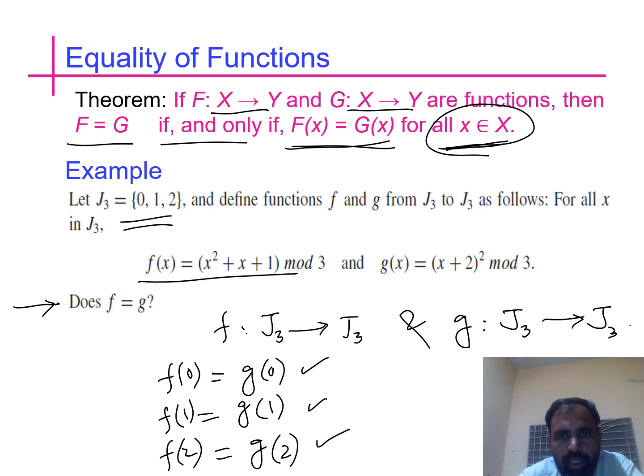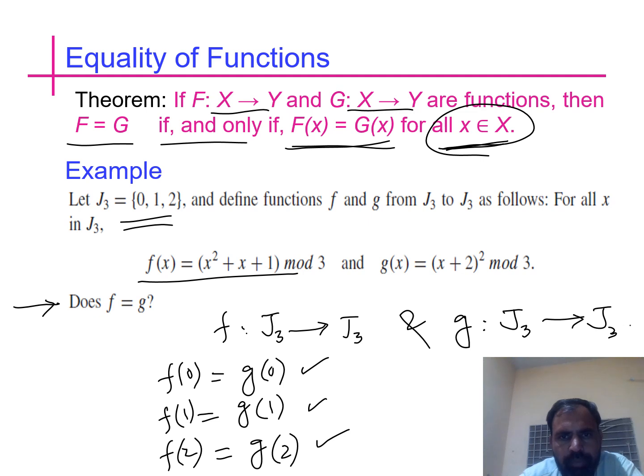So we can check here f from J3 to J3 and also g from J3 to J3. We take f of 0. This is J3: 0, 1, 2. If we put 0 here, what do you think about the answer?